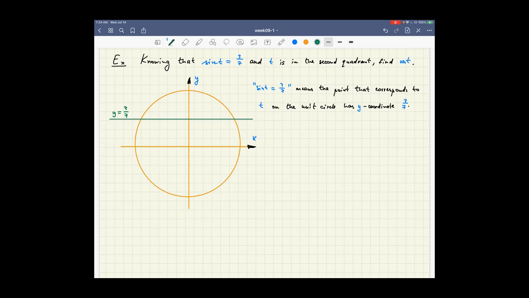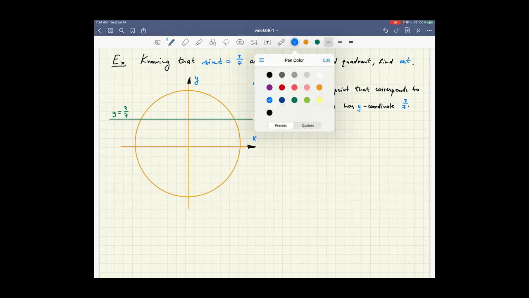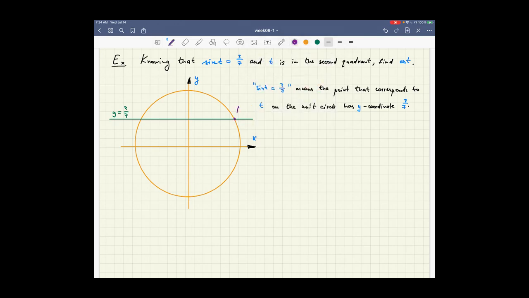And now it becomes clear why we need to know that t is in the second quadrant. You see, there are 2 points on the unit circle whose y coordinate is 3 over 7. We have this point A, and we have this point B. This distance, one or the other, is the cosine that we're looking for.